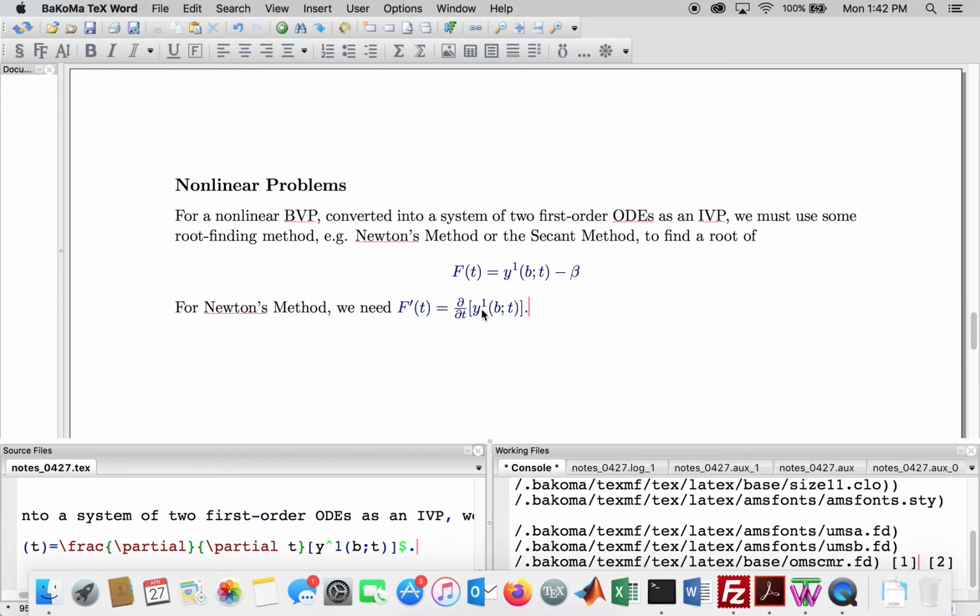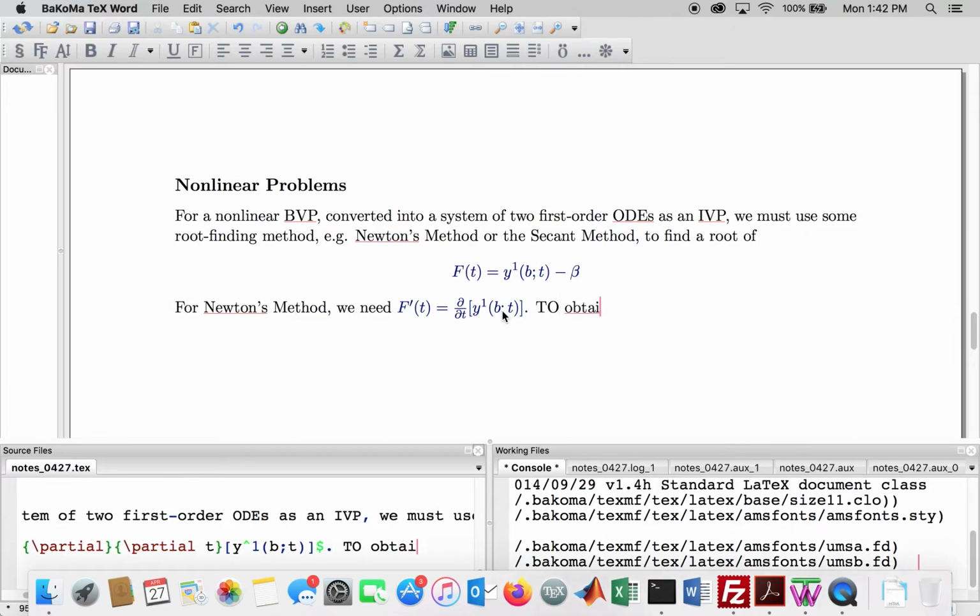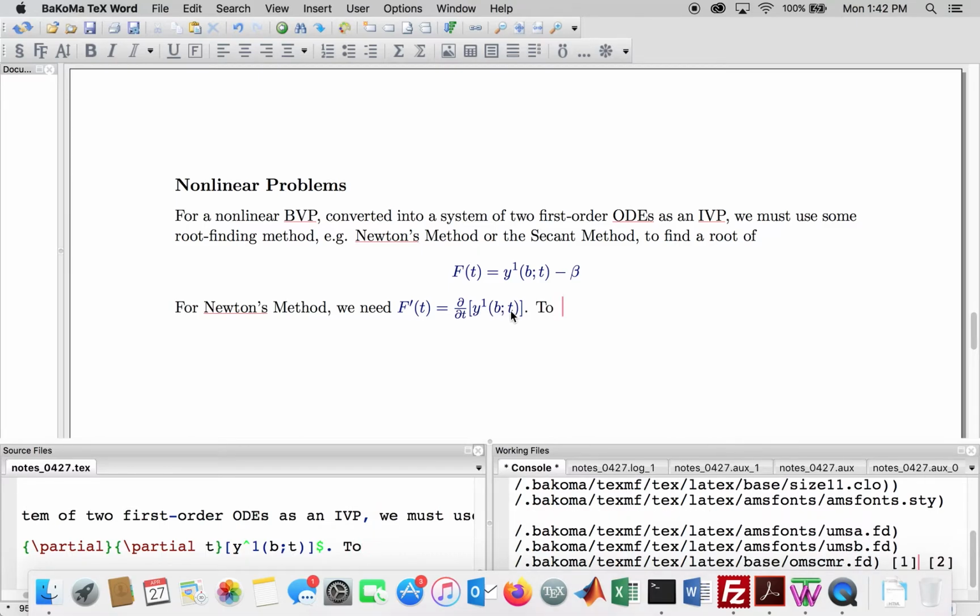So how do we get the derivative of a solution of our system of ODEs? Well, what we can do is take a derivative of the equations that y1 satisfies with respect to t.